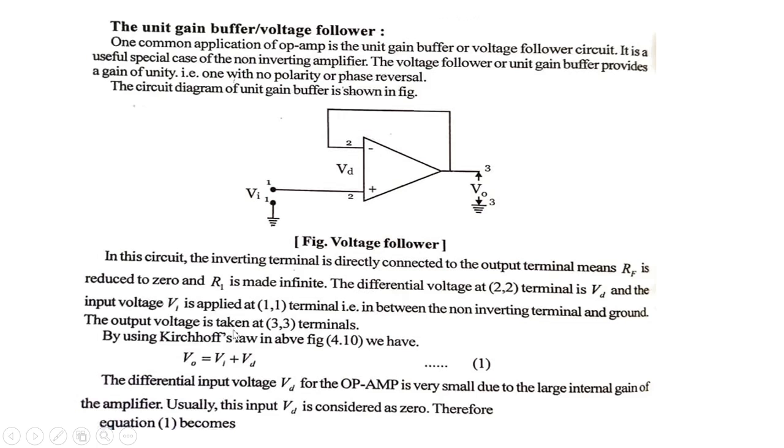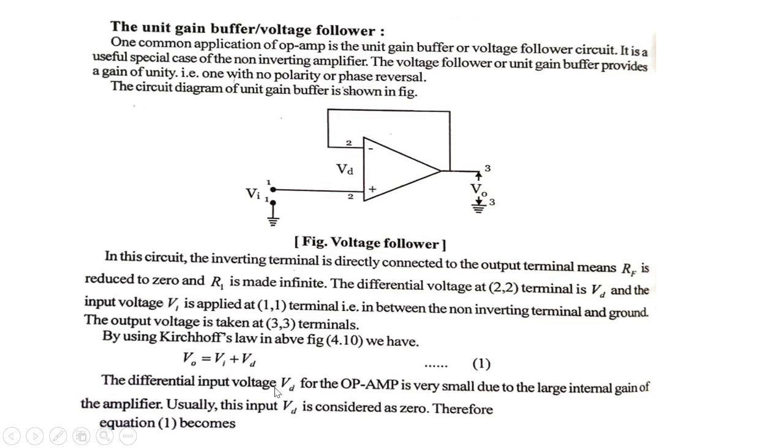The output voltage is taken at terminal 3. By using Kirchhoff's law in the above figure, we have V0, that is the output voltage, equal to Vi plus Vd.